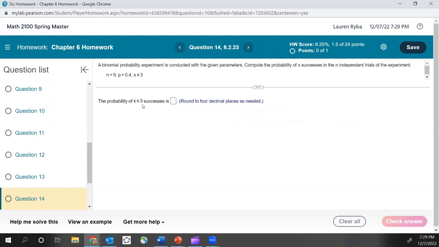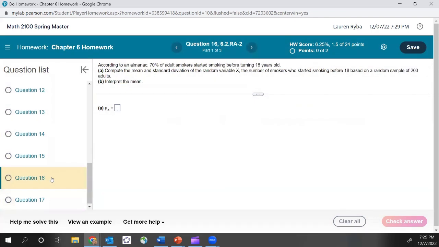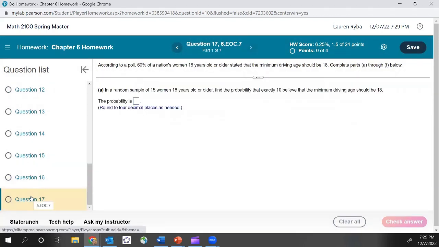We want less than or equal to 3. I think those are pretty straightforward. Some of these you'll have to read carefully. Okay, find the mean and standard deviation. All right, so this is like the longest one. Let's try this one. So yours will be similar to mine.